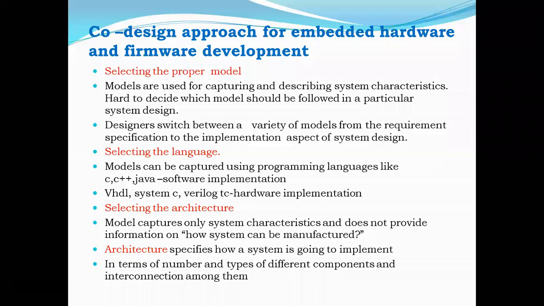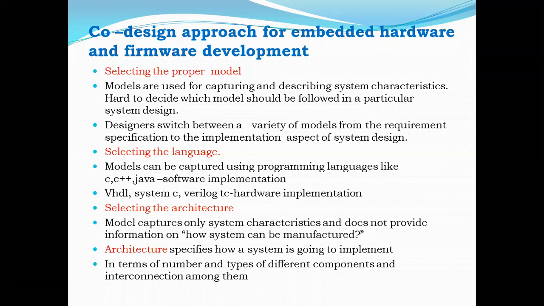These are the diagrams or models which are also used in designing an embedded system. Based on your requirements and your design, first you have to design a model: how your input will pass from the input side to the output side, and how you are going to get the output. Then after designing the model, you have to select the language.